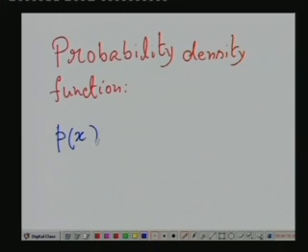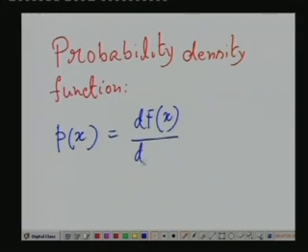Px is nothing but the derivative. Here for simplicity I am just writing it as a function of small x, this probability distribution, and deriving it with respect to x. This is called the probability density function.